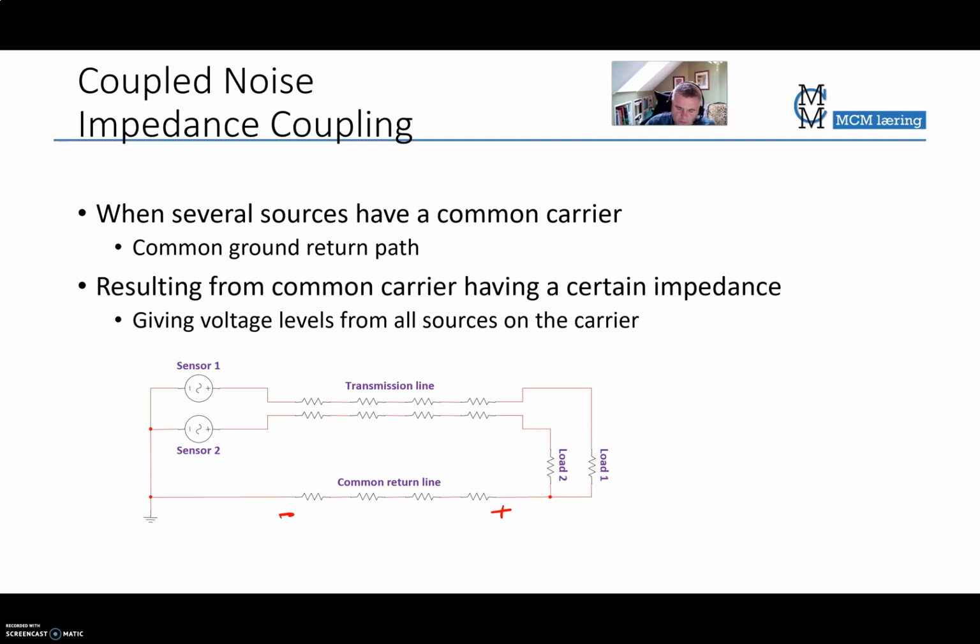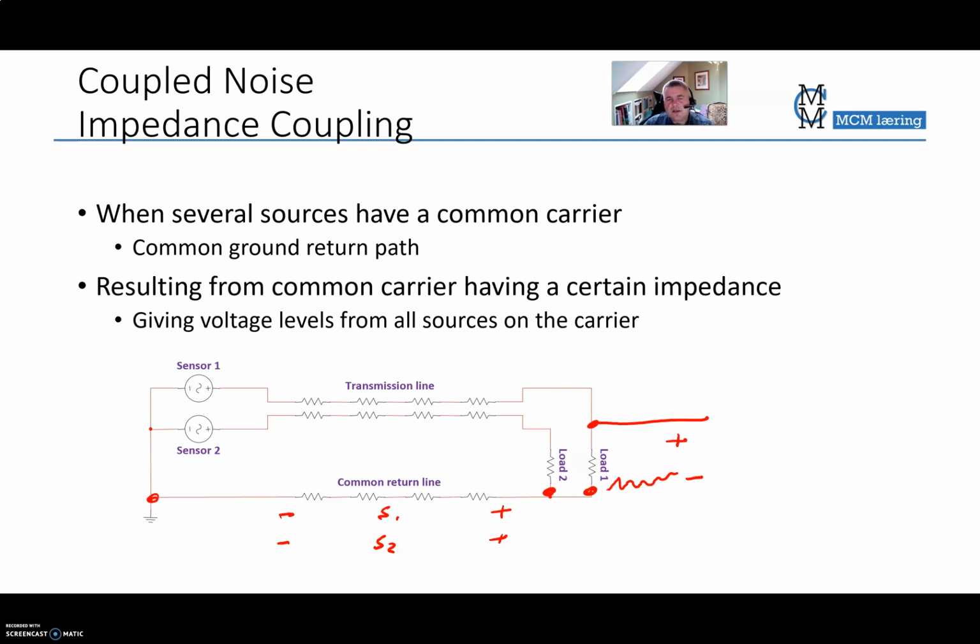So sensor number 1 will generate a voltage there coming from sensor 1, and there will also be a voltage from sensor 2. So indeed you could measure that voltage down here on both loads compared to the ground over there. So the lower part of the load will have a varying voltage which is dependent on both the sources. That of course will influence when you try to measure this voltage from top to bottom over the load.